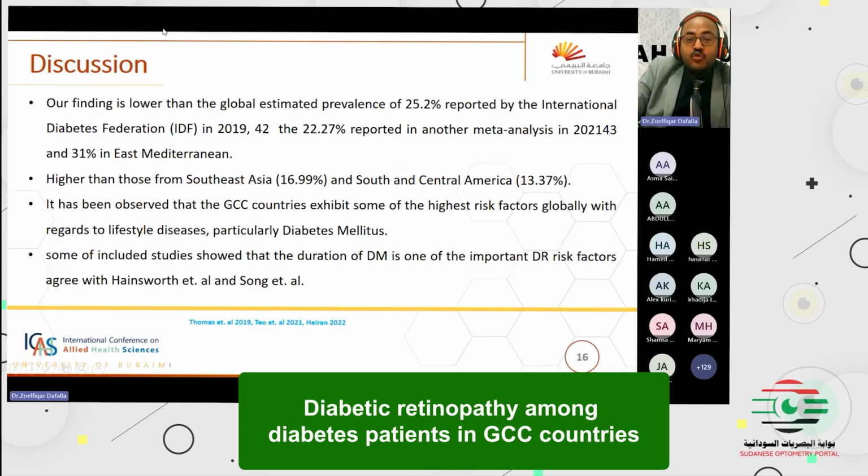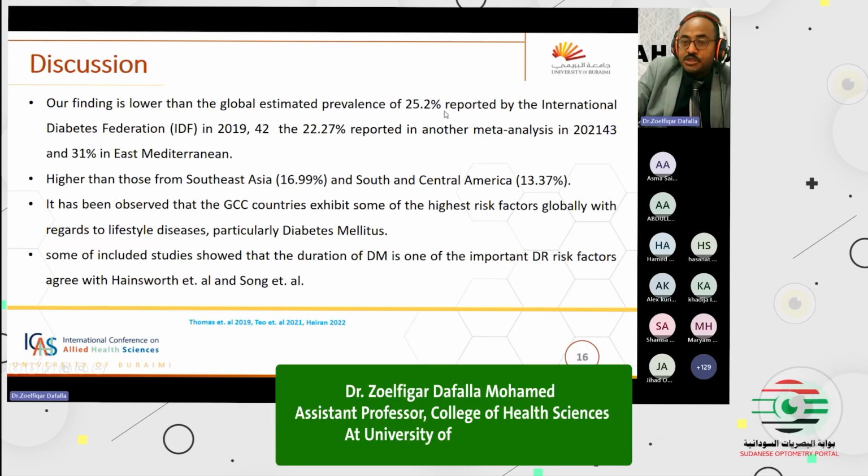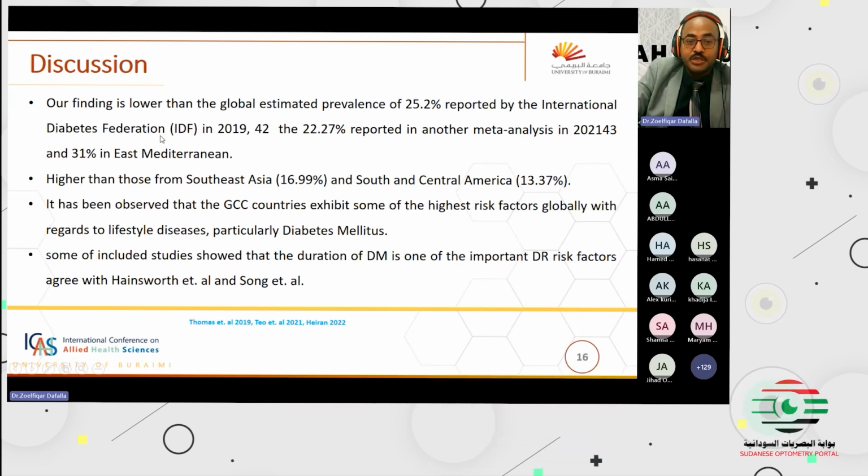Our finding is also lower than the global estimation, which is 25.2 according to the IDF, International Diabetes Federation, conducted in 2019, and the 22 also conducted in other studies, which is a little bit higher than our studies.